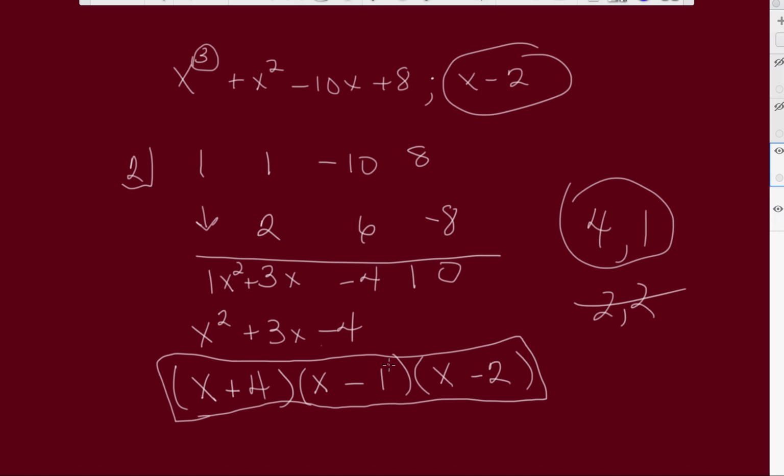So, just to recap, we use synthetic substitution to find out what the value is when we input a value for x in our function, and then we use synthetic division to find factors of our cubic functions.